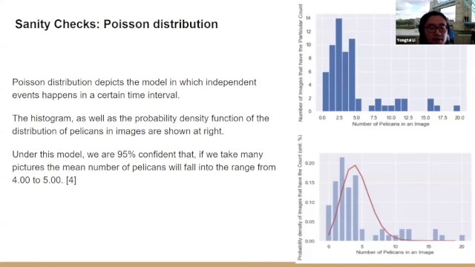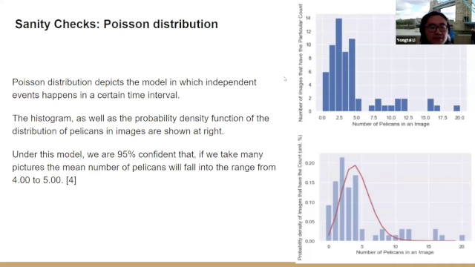The histogram, as well as the probability density function of the distribution of pelicans in images, are shown at right. Under this model, we are 95% confident that if we take many pictures, the number of pelicans will fall into the range from 5.00 to 5.00.